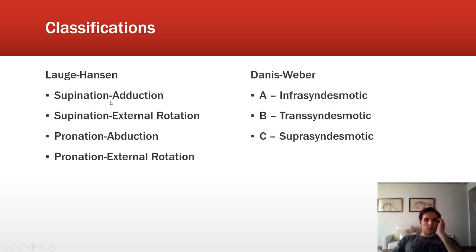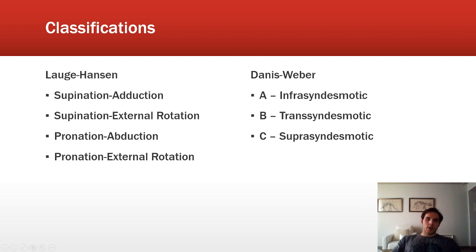We'll look at those in a little bit more detail because there are progressions of injury associated with each one. The Danis-Weber classification is very useful in assessing how much syndesmotic injury you would suspect.